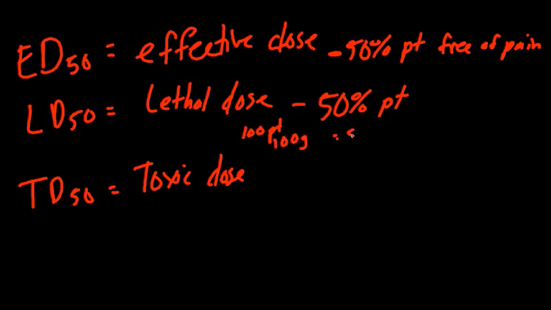It means only 50 will still be alive theoretically. This is all theoretical stuff. Typically tested on animal models. This doesn't happen on humans. We don't give 100 humans dosing of drug and try and figure out what percent, 50%, die. No, that's unethical. This is typically figured out on animal models or mathematically.